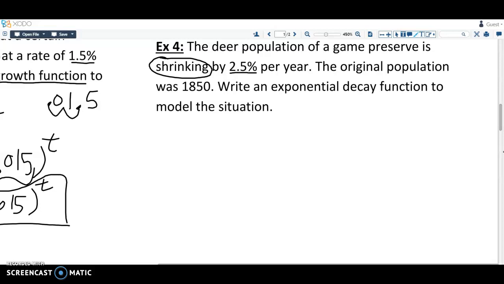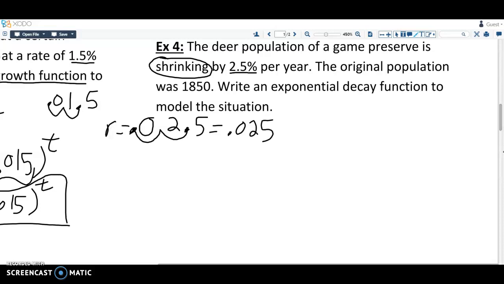So let's change that right now. 2.5 already has a decimal. Move it 2 places to the left. And again, you can use your calculator if you want. And so what I end up with is 0.025 is my R value.